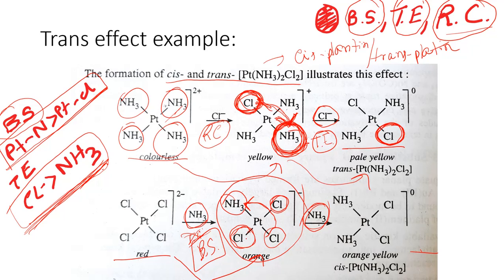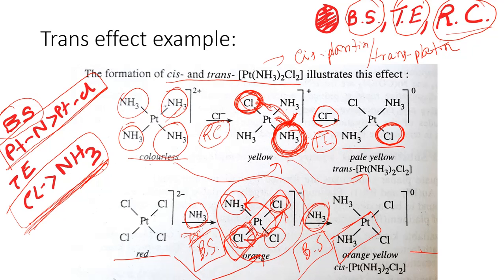But here you can see that two chlorines are completely trans to each other, therefore they are not going to show any kind of trans effect because of the symmetric nature. But you can think about the bond strength, because instead of this platinum-chlorine bond, the platinum-nitrogen bond is going to be formed, which is even stronger than the platinum-chlorine bond. So here again the bond strength is playing the role.